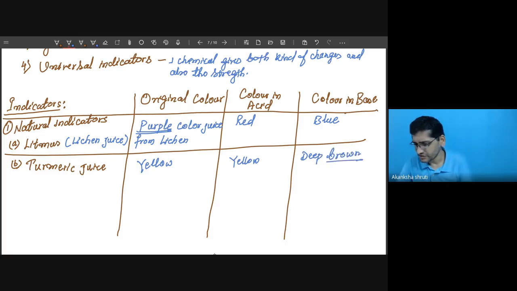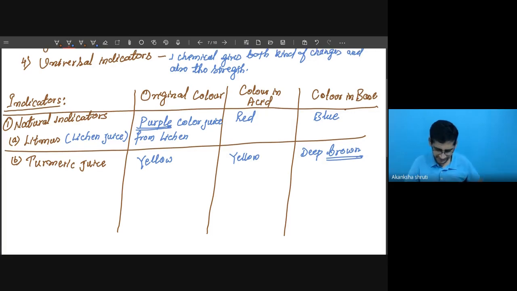This is the color change. So if these eatable items or cooking items or the food contain more base, then the color of turmeric will change to brown. But if it contains more acid, then the color will remain yellow.